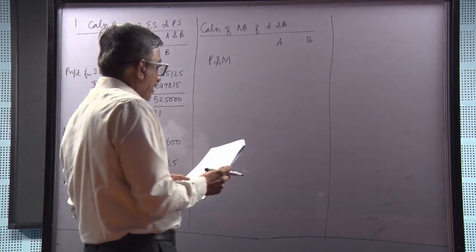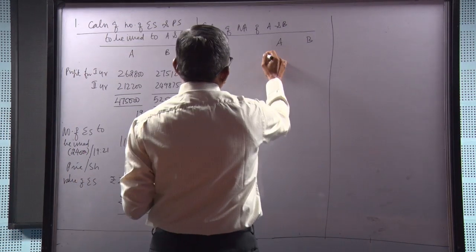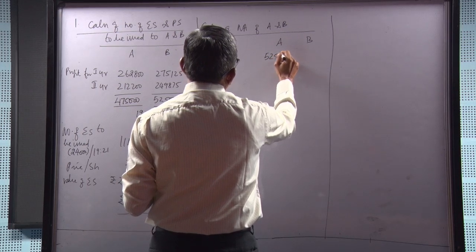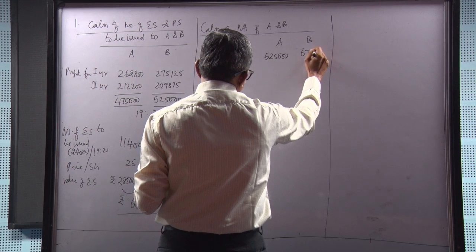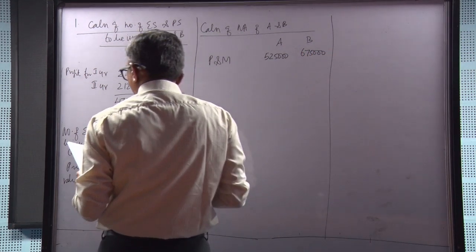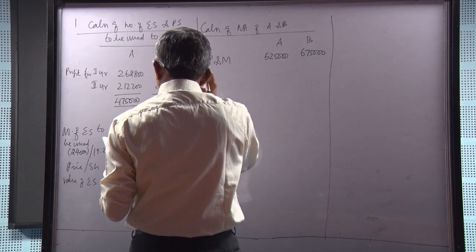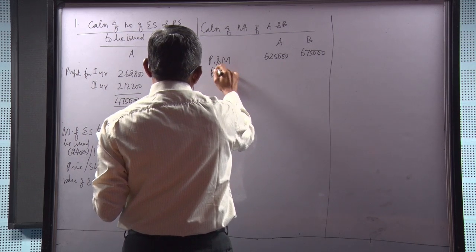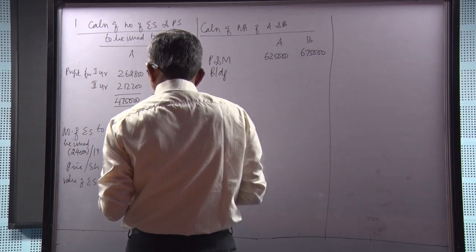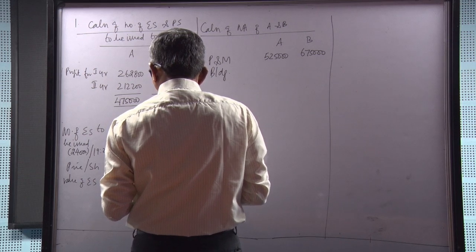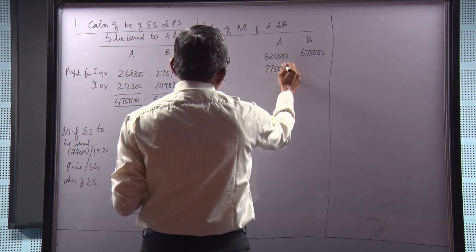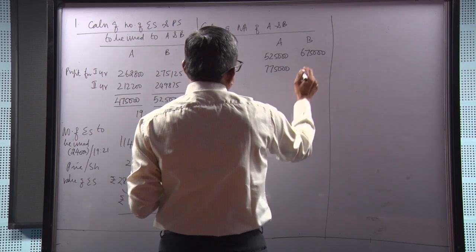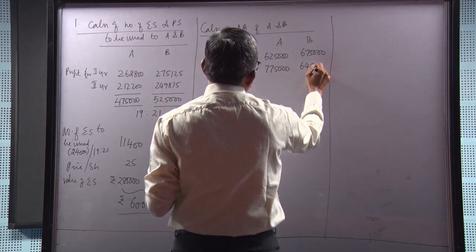Plant and machinery of A is 5,25,000, B is 6,75,000. And similarly, building, in that also revaluation is there. Building is taken over at 7,75,000 for A, B 6,48,000.